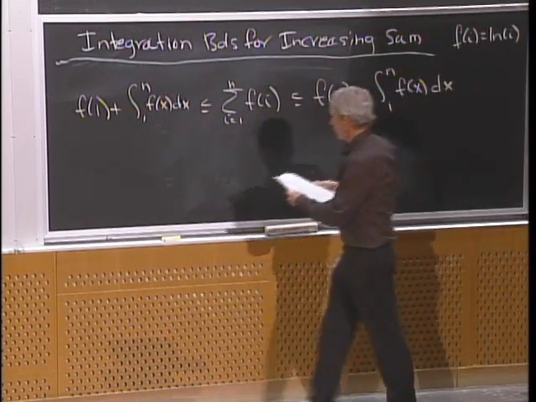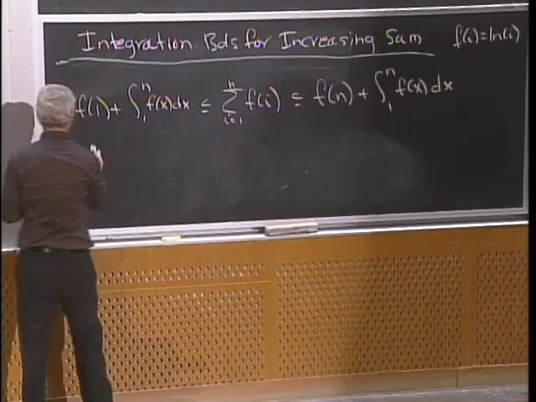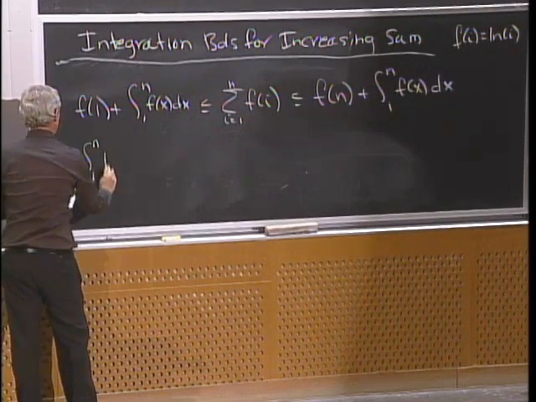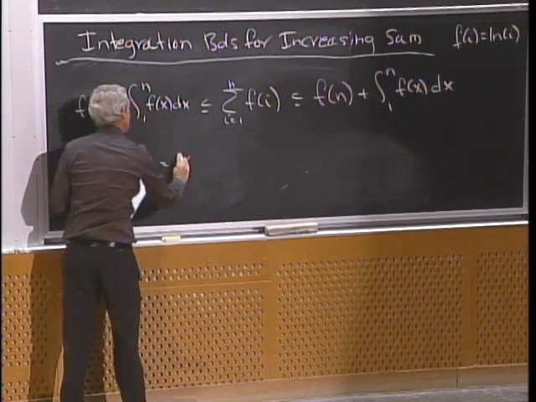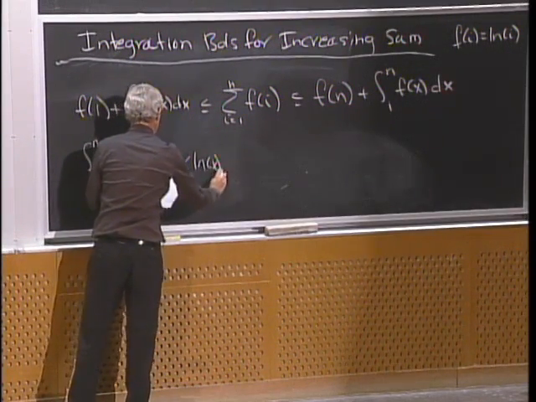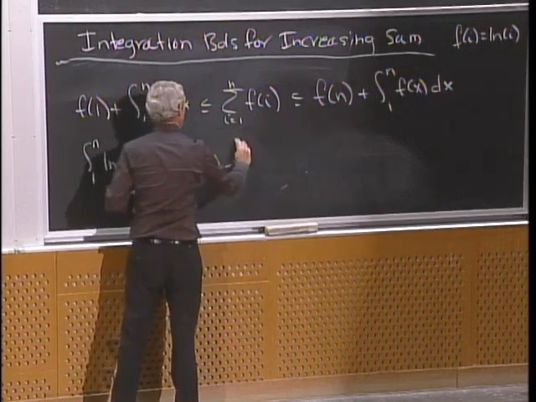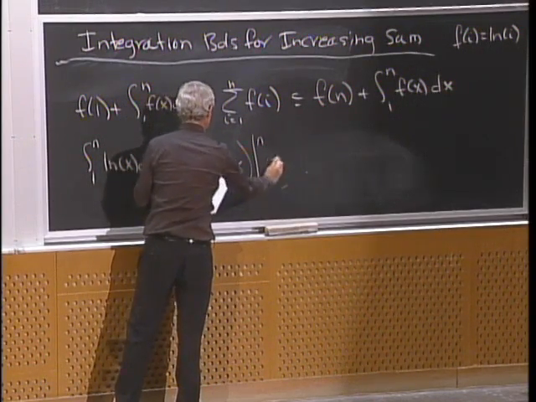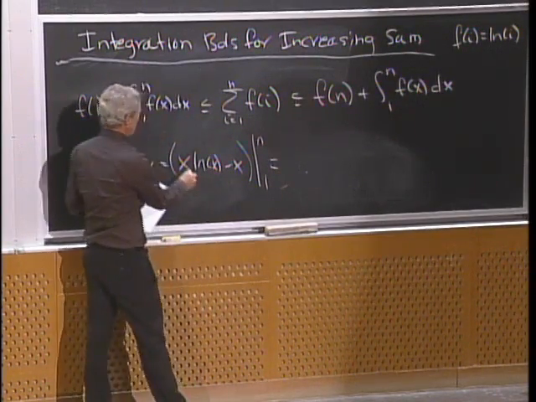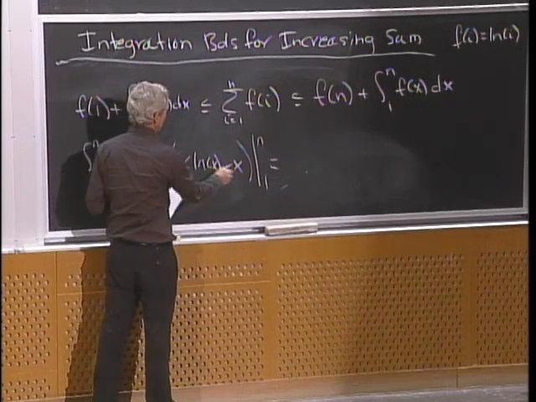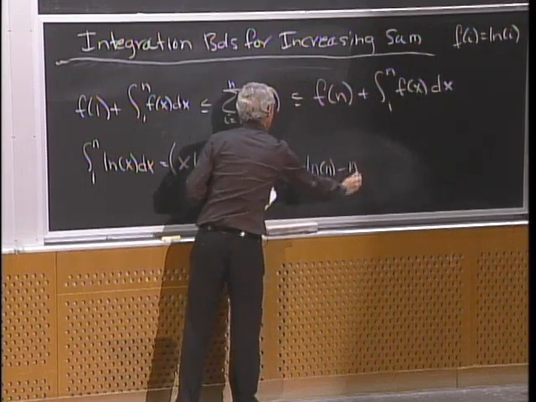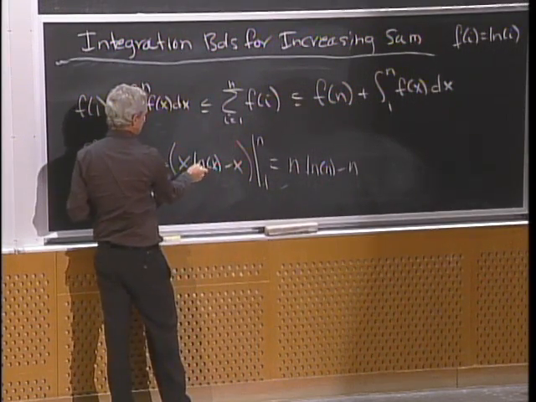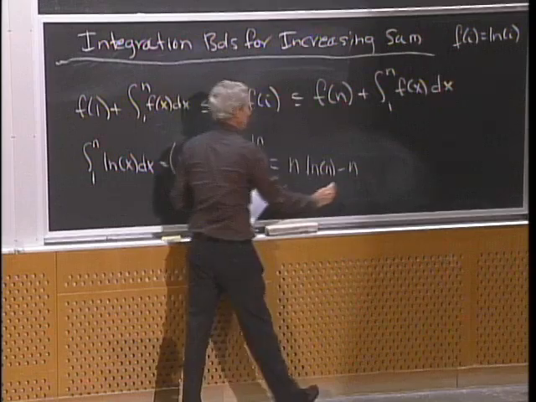All right, now in this case, f of i is the log of i. And so we need to compute the integral of log of x. And that's easy. That's x ln x minus x, evaluated at n and 1. And that's just n log n minus n. If I plug in 1, I get a 0 here, and I'm subtracting -1 there.